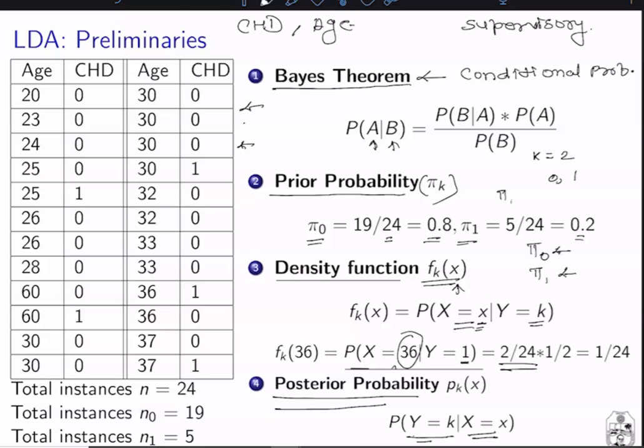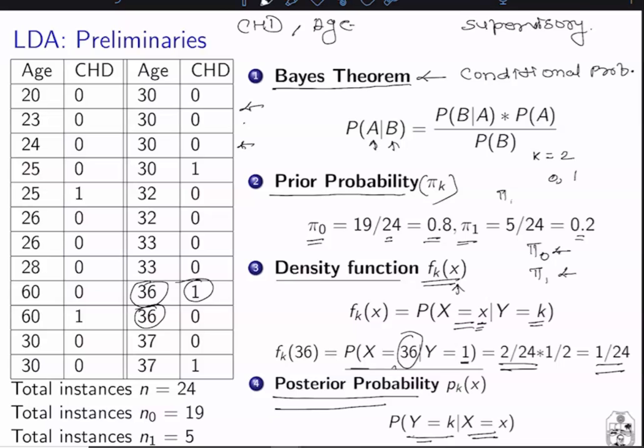There are two persons in our data set that have exactly age 36, and out of these two persons, only one person is suffering from coronary heart disease. That is why the probability of a randomly selected person having age 36, provided he or she is suffering from coronary heart disease, is 1 by 24. So this is the density function.